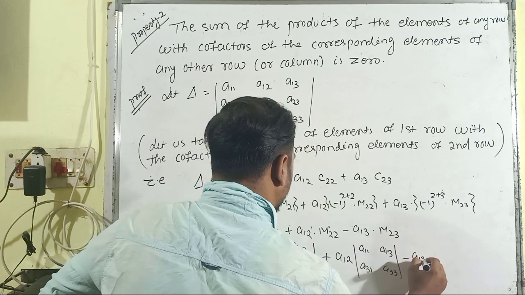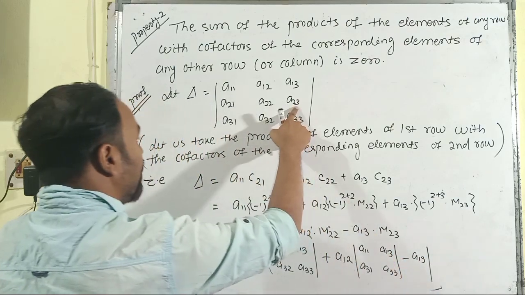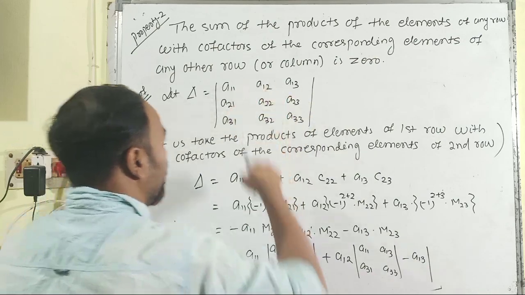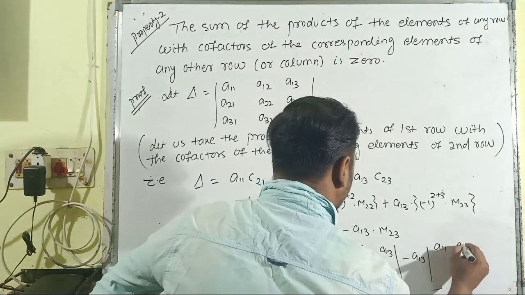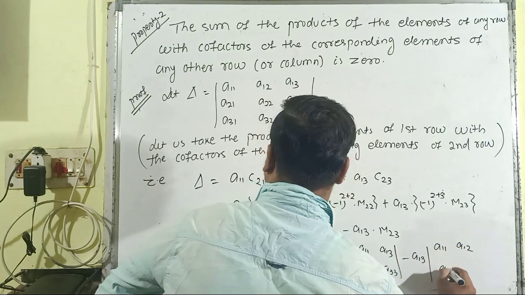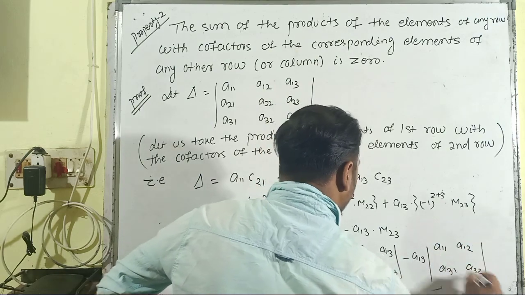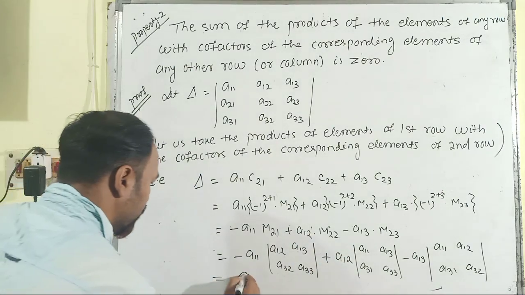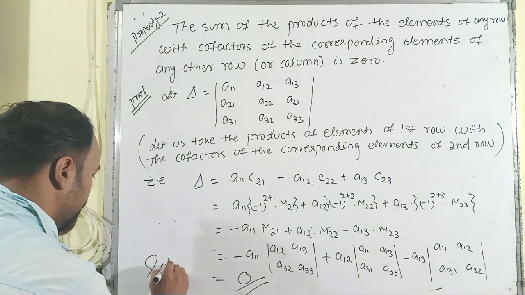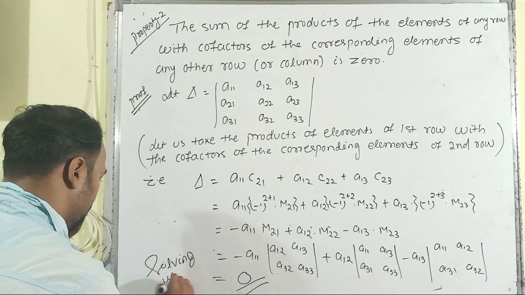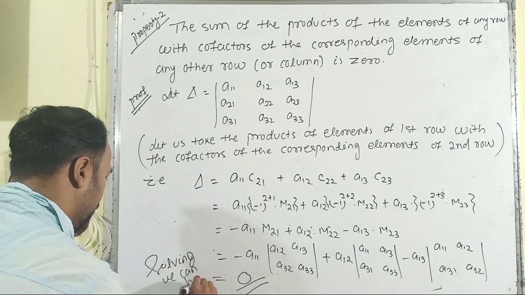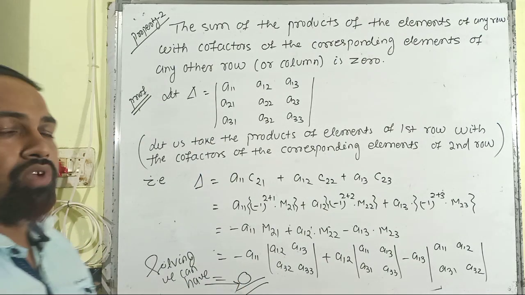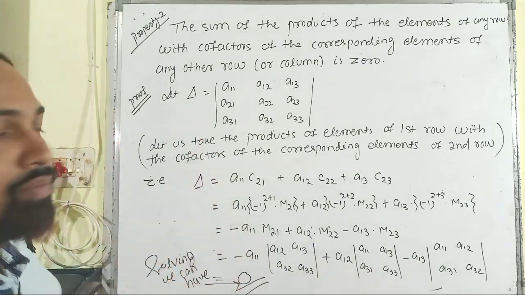Then minus A13 multiplied with M23, the minor of A23, cancelling these values we have A11, A12, A31, A32. By simplifying these steps you can get 0. So here is property number 2, and you can solve any of the problems by using this property number 2.